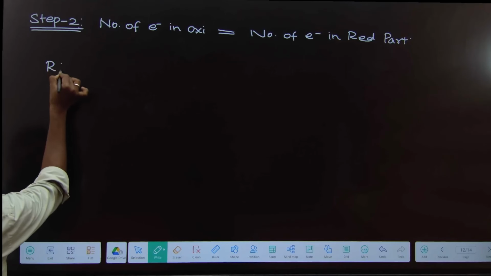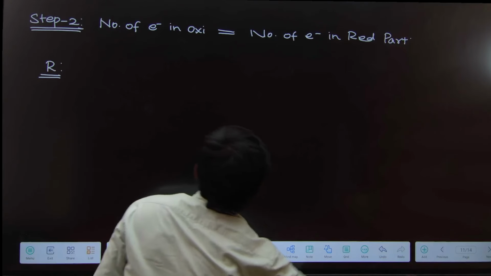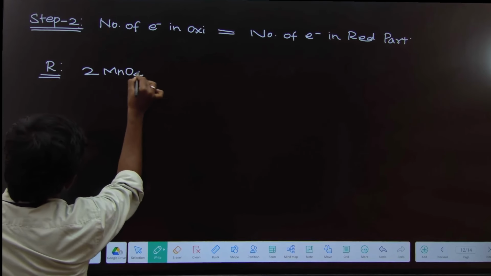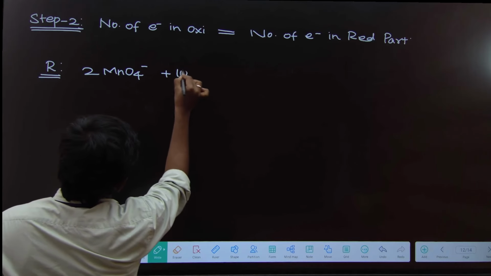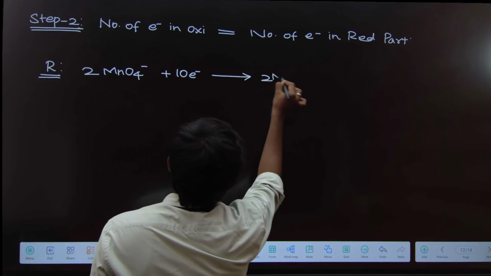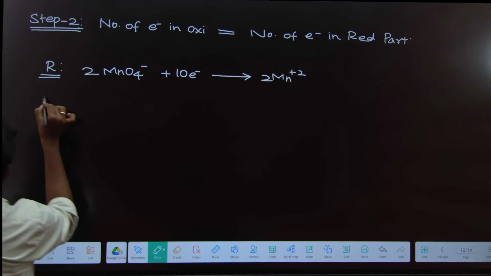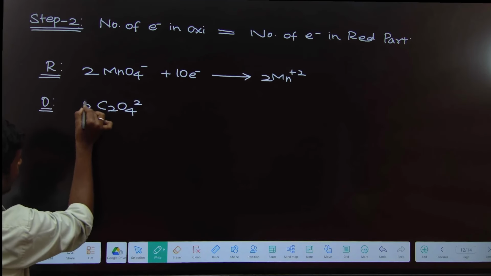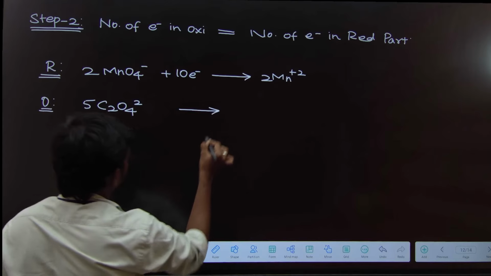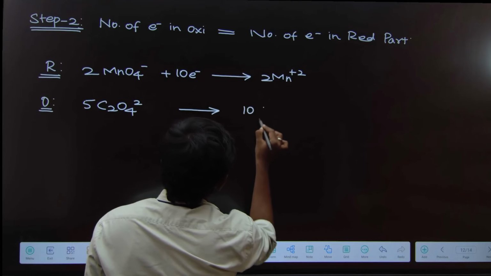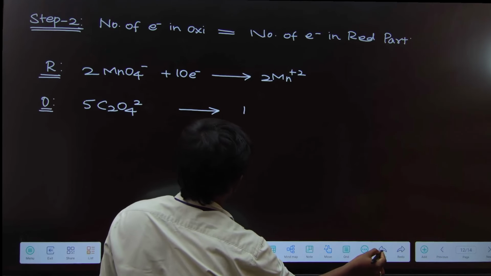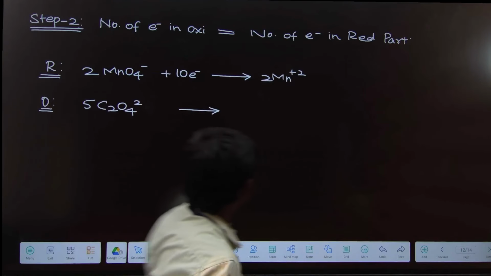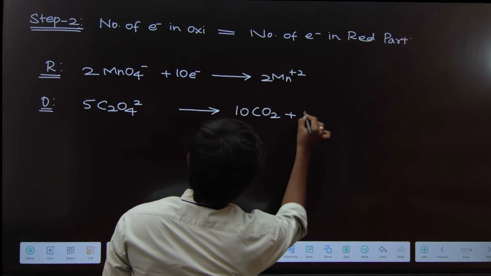For the reduction part, I'll be getting 2MnO4 minus plus 10 electrons gives 2Mn2 plus. For the oxidation part, I have multiplied C2O4 2 minus with 5, giving 2 into 5, 10 CO2 plus 10 electrons.